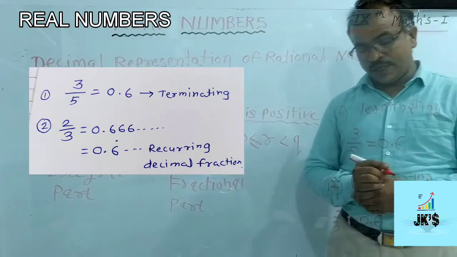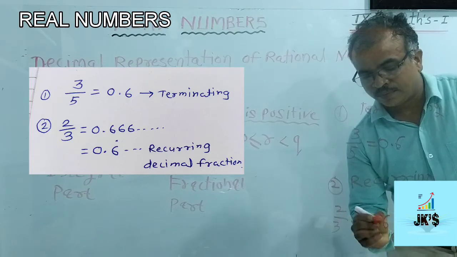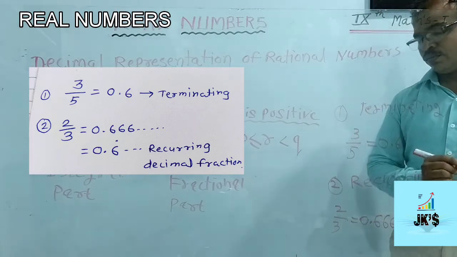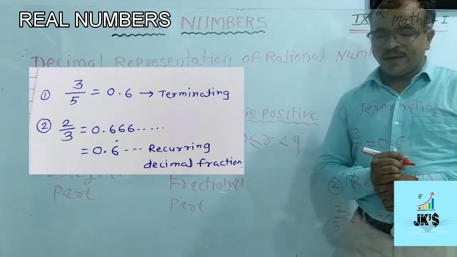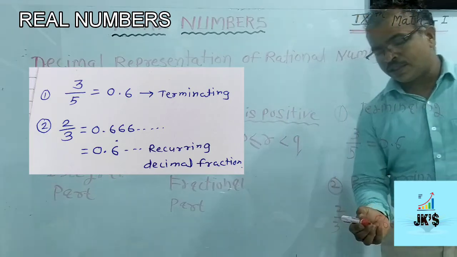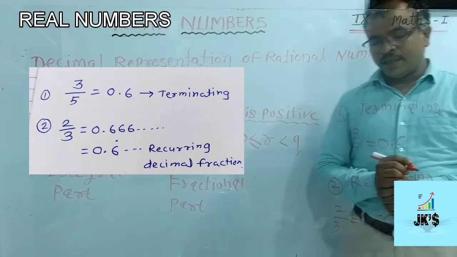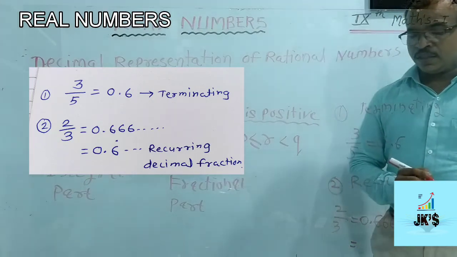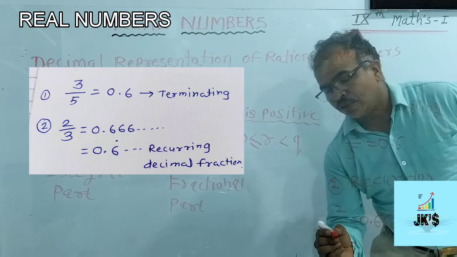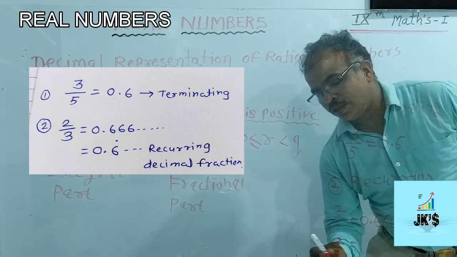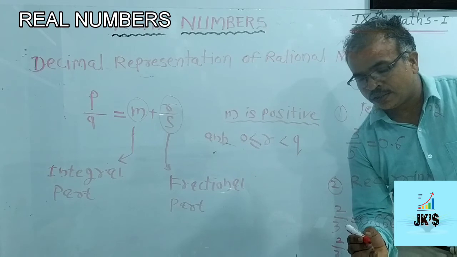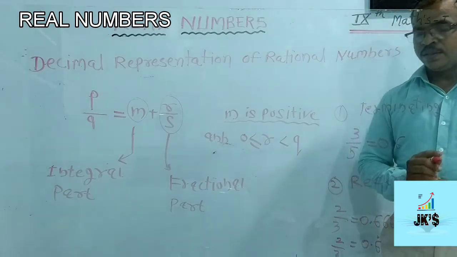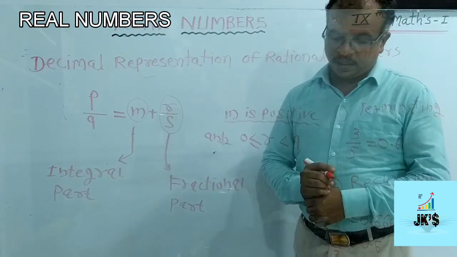Again take 0, 20. 3 sixes are 18. This process continues. It means it does not have an end. Hence, the 6 gets repeated after the decimal. So, the 6 is known as recurring. So, the fraction is recurring. And we write this as 0 recurring 6.